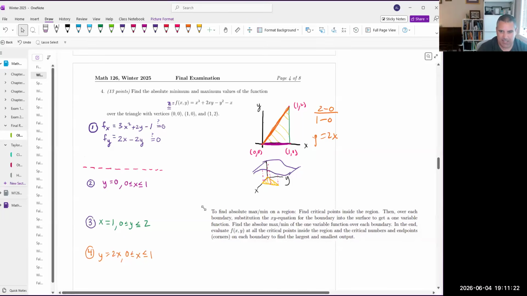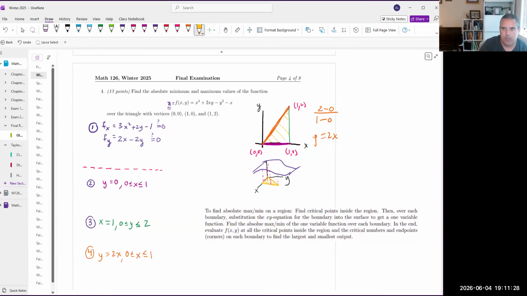That's kind of dense; I think I have it written better elsewhere. We would need to find the critical points inside the region. Then over each boundary, substitute the XY equations into the surface to get a one variable function. That's the big thing. So for each of these, we need to substitute this into our surface.